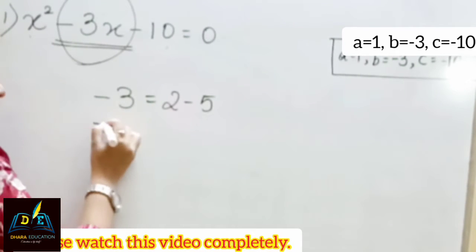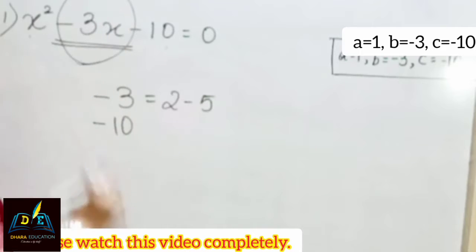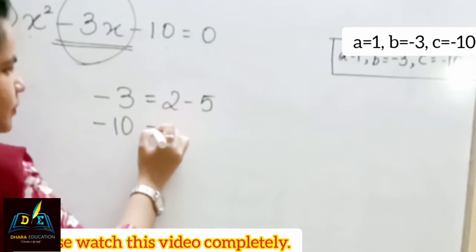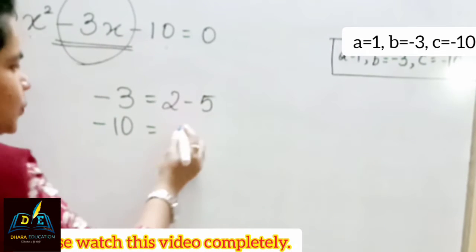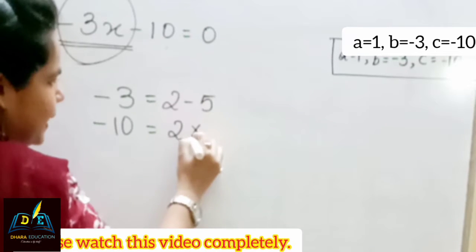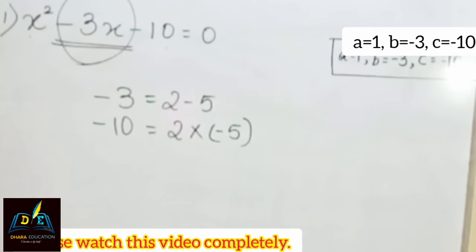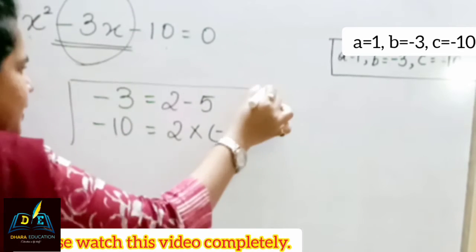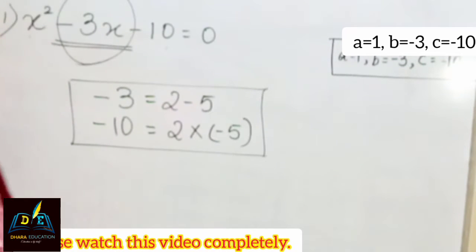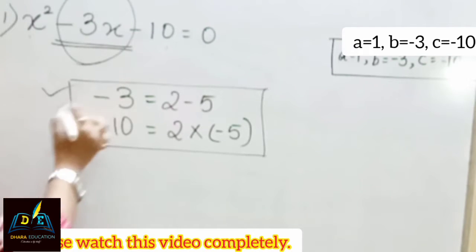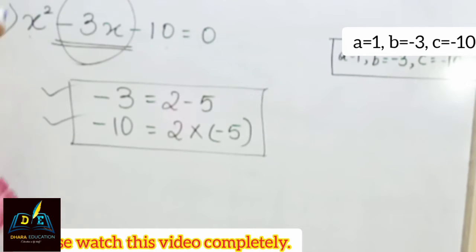Correct? And when we multiply 2 by minus 5, you will get what? Minus 10. So this is the main information in this particular sum. If you do this properly and fulfill all the conditions, then the sum will be very easy for you.